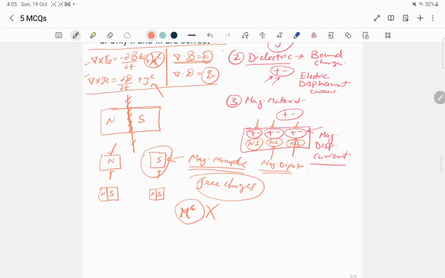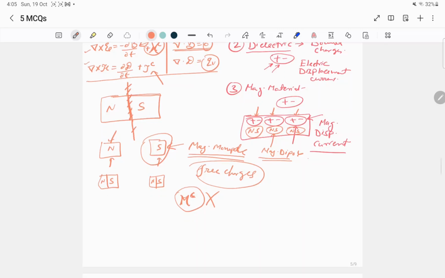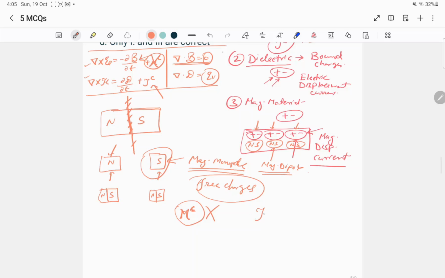This is why del dot B is also equal to 0, because when you see the equation of continuity, you know that del dot J is equal to minus d by dt of QV, right? So if in case of a magnet, del dot M subscript C is equal to minus d by dt, this is a completely incorrect equation. Why? Because the conduction magnetic current does not exist, which also means that magnetic charges QV are also not possible.